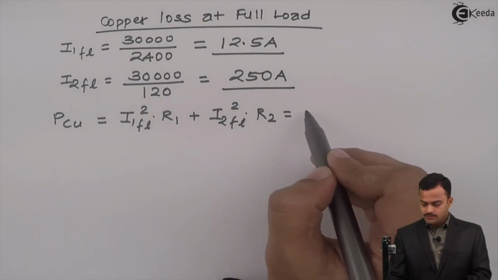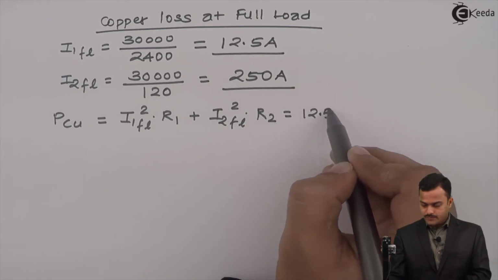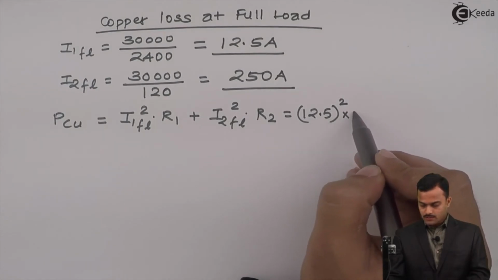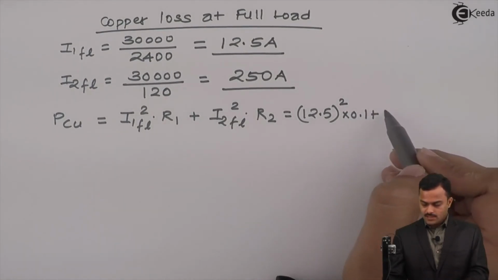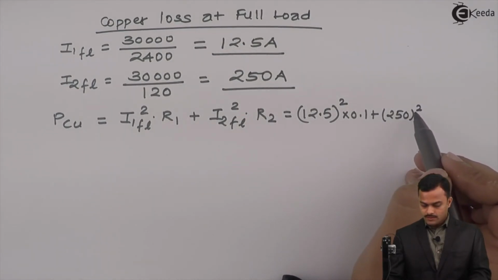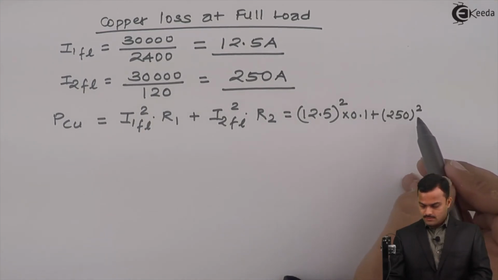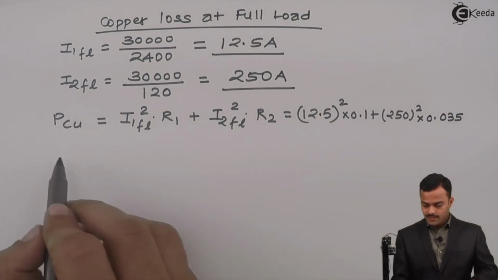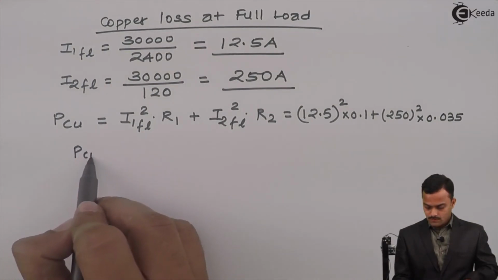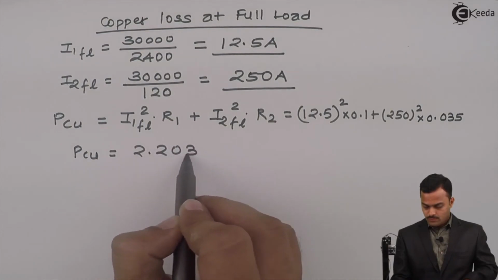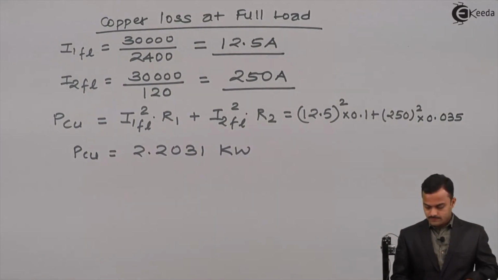So if we substitute the values, it will be 12.5 square and R1 is 0.1 plus I2FL is 250 square and resistance is 0.035. So if you solve this, you will get copper loss equal to 2.2031 kilowatt.